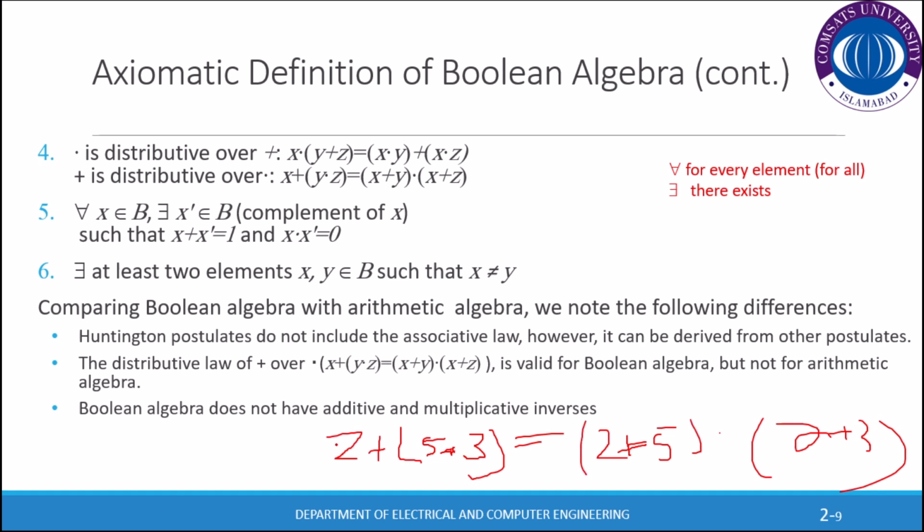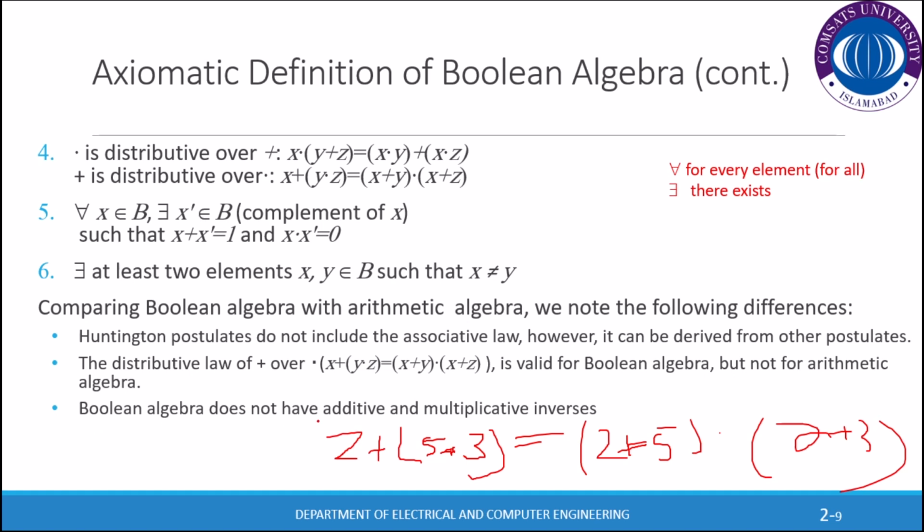In normal arithmetic, 2 plus 5 multiplied by 3 means first we multiply 5 and 3, we get 15, and then we add 2. So this is the difference between normal arithmetical algebra and Boolean algebra.